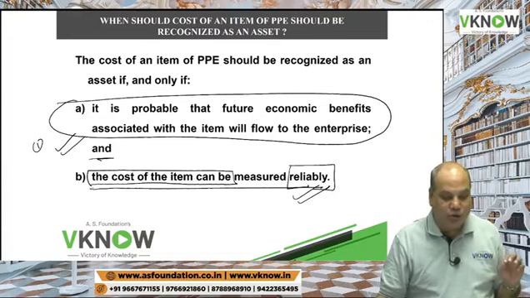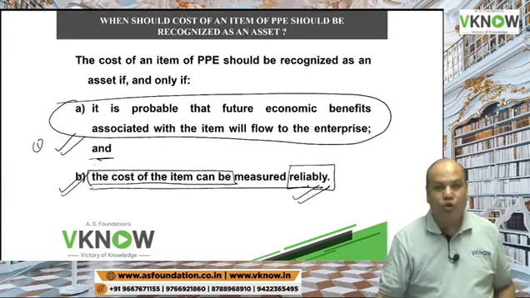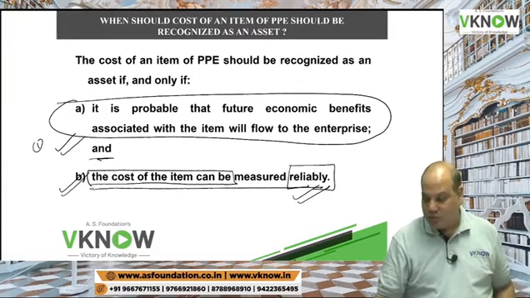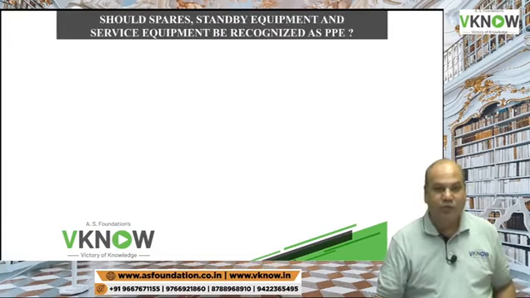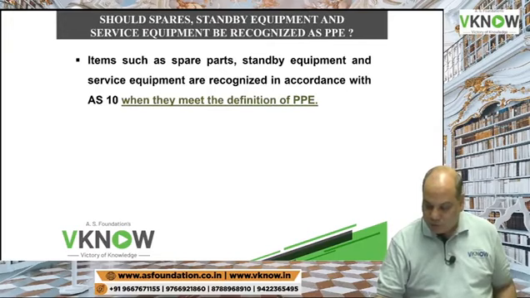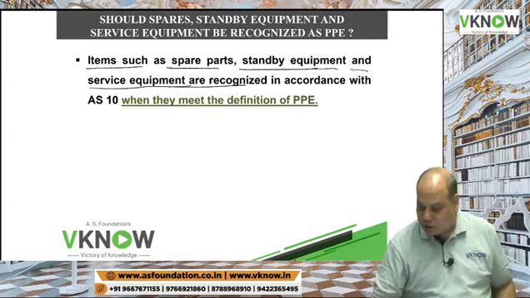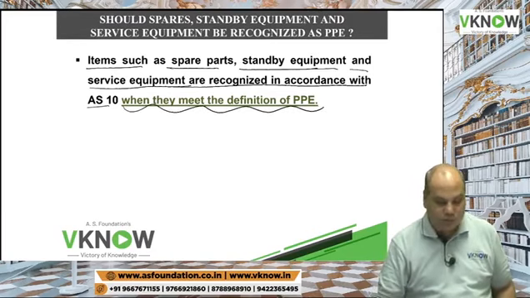Rather, we are going to charge it to P&L account. And if cost can be measured reliably, then we will capitalize the PPE. Items such as spare part, standby equipment, and service equipment are also recognized as per AS10 when they meet the definition of PPE.